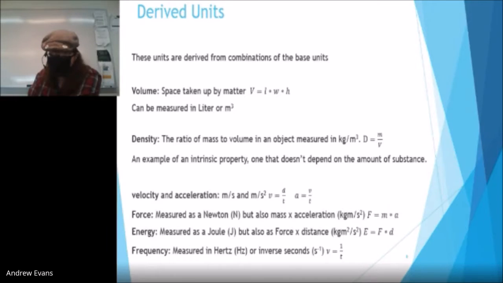But then one that we will see later on in the semester, but that's not going to be till like test 2 or 3, is frequency, which is measured commonly in hertz, but it's also measured in inverse seconds. So 1 over seconds. It's typically used for waves. How many waves will travel through a given distance and how long will it take a wave to repeat?